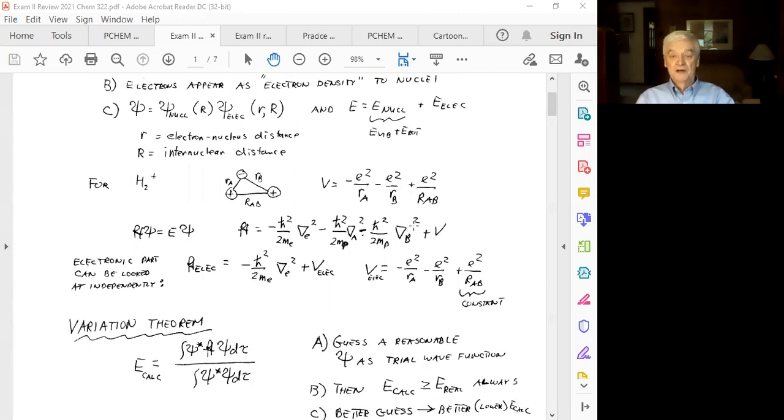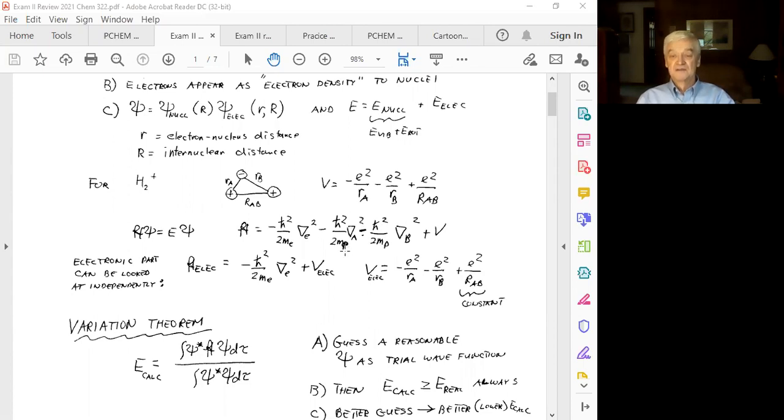What the Born-Oppenheimer approximation says, if this is our total Hamiltonian, the kinetic energy part plus the potential energy part, with kinetic energy terms from the electron and both of the protons that we have in H2 plus, is to throw out the second and third terms here.